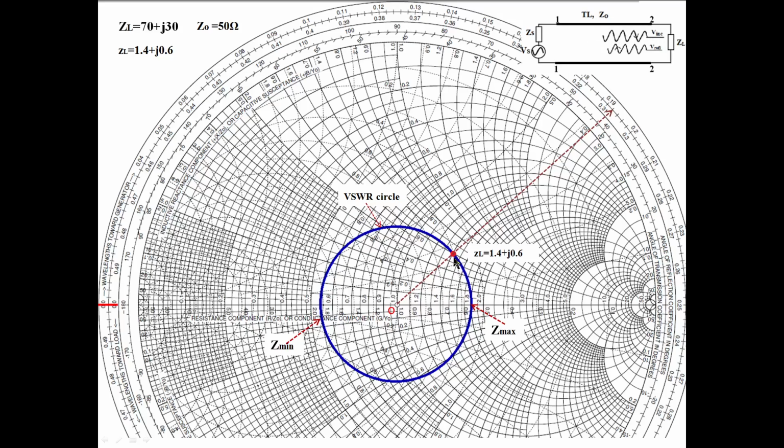After lambda by 2, the values repeat again. It repeats with a period of every lambda by 2 distance.